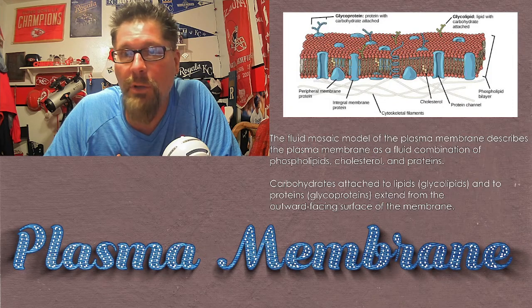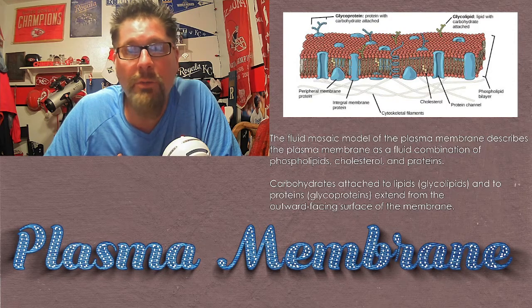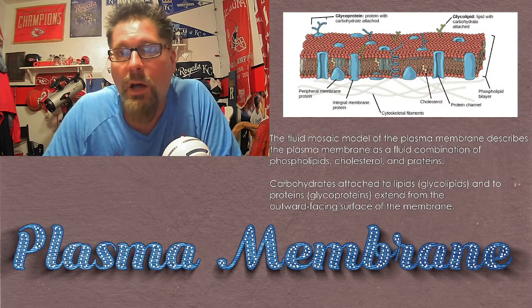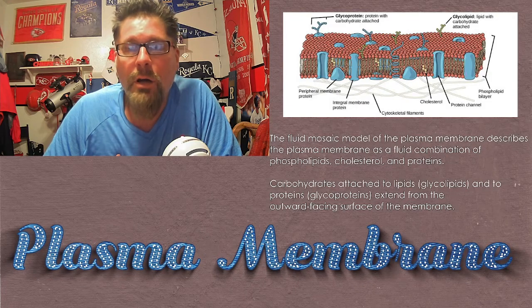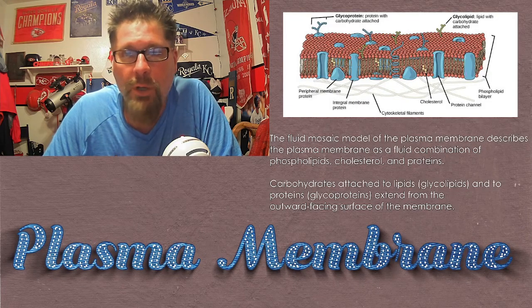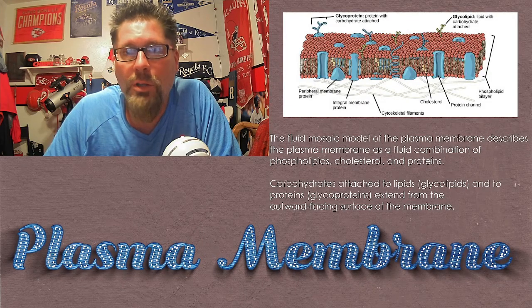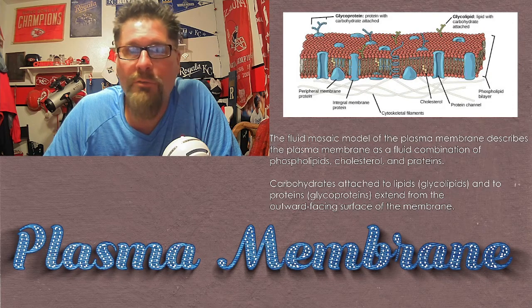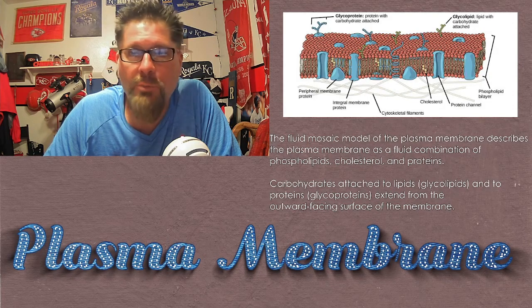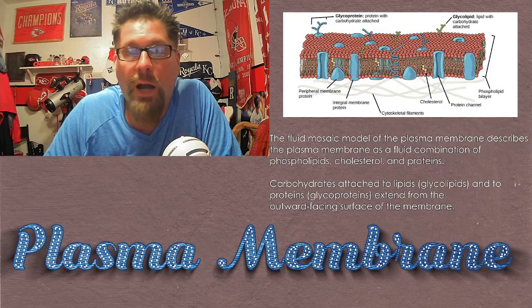You can see the image there beside me. We've got the proteins that are meant to be gateways, and not only are they gateways, but as we go through this unit talking about diffusion and osmosis and facilitated diffusion and active transport, there are a variety of proteins, each with a different function.